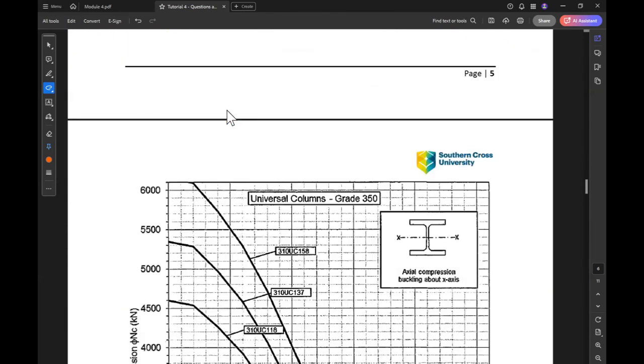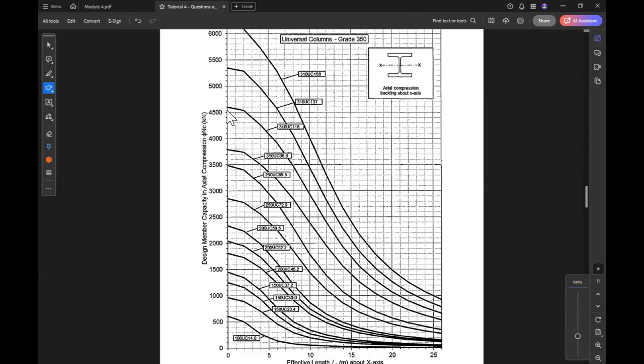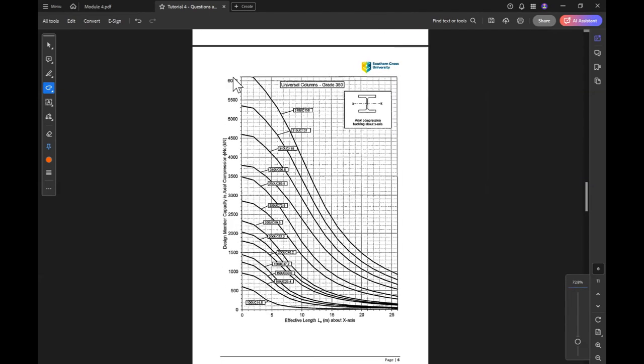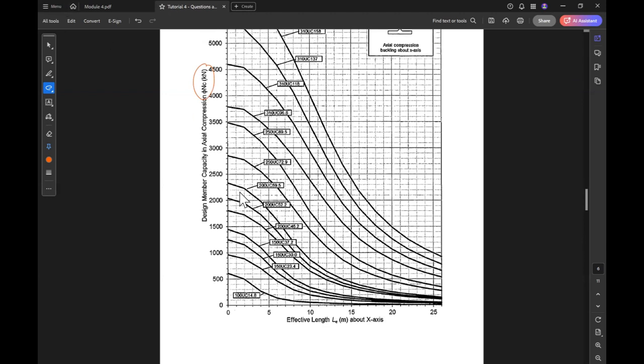If we use the chart, the charts are actually drawn using the tables. So if we look at this chart, this is for universal column, 350. Here on the vertical axis, we have phi N c. Here on the horizontal axis, we have L buckling EX. So this is for LEX. How much is LEX? It was 12 meter.